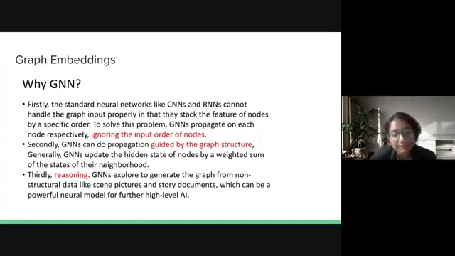The third advantage is reasoning, because we also generate graphs from non-structural data, and this is of course a more specialized application, and that's what makes it exciting.